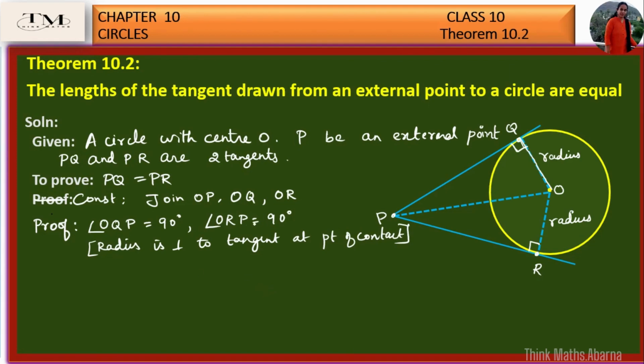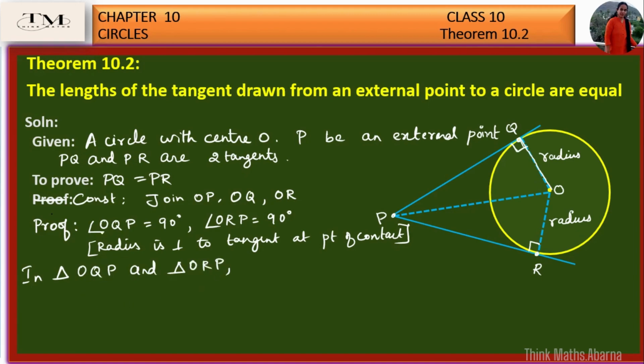Now, let us consider two triangles, PQO and POR. These are two right angle triangles, and if we prove these two triangles are congruent, by CPCT we can say PQ and PR are equal. So, let us take triangle OQP and another triangle ORP.